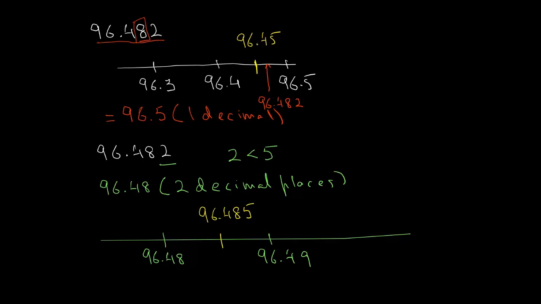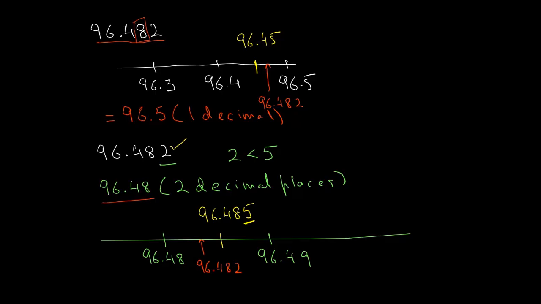Note this is a 5, whereas our number has a 2. That means 96.482 is going to be to the left of 96.485. So our number is right over here in this region. Since it is to the left of 96.485, I'm going to round down, and the answer is going to be 96.48.